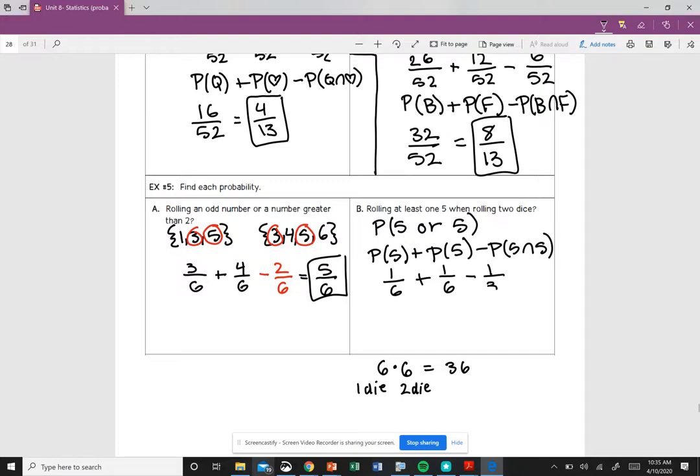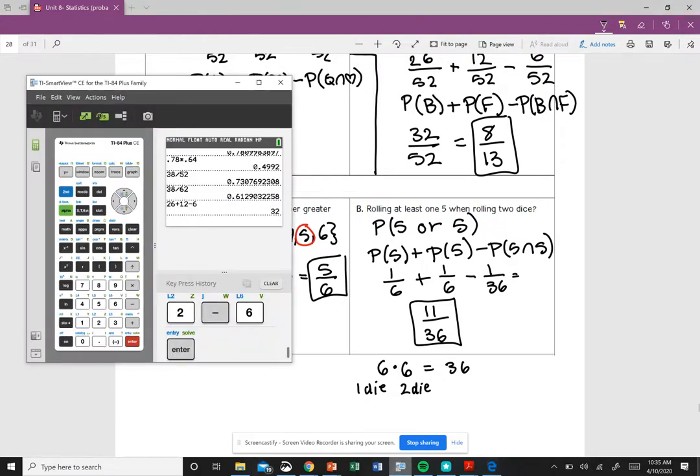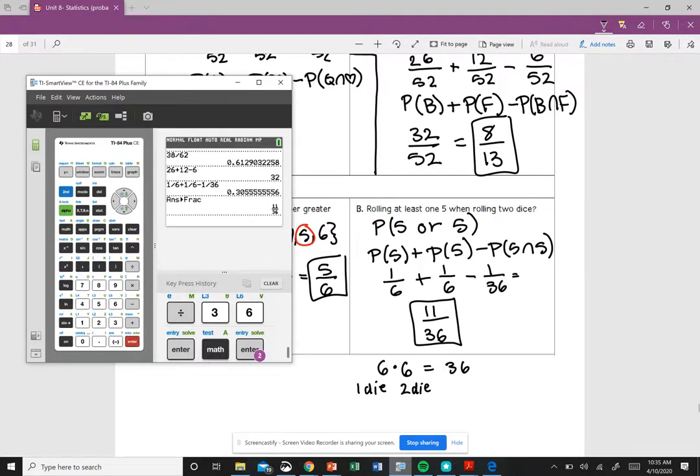So minus 1/36. This is going to equal 11/36. And you can do that in a calculator. You could do 1/6 plus 1/6 minus 1/36. You hit enter, you get a really gross decimal. And you push math and enter twice. 11/36.